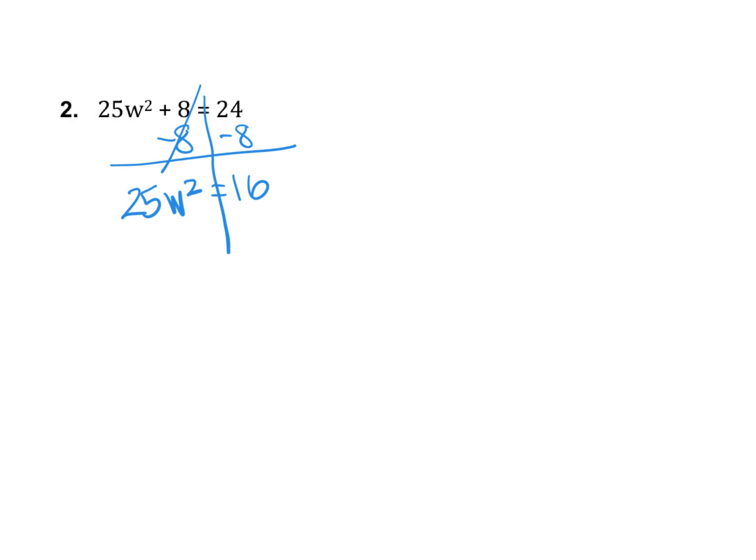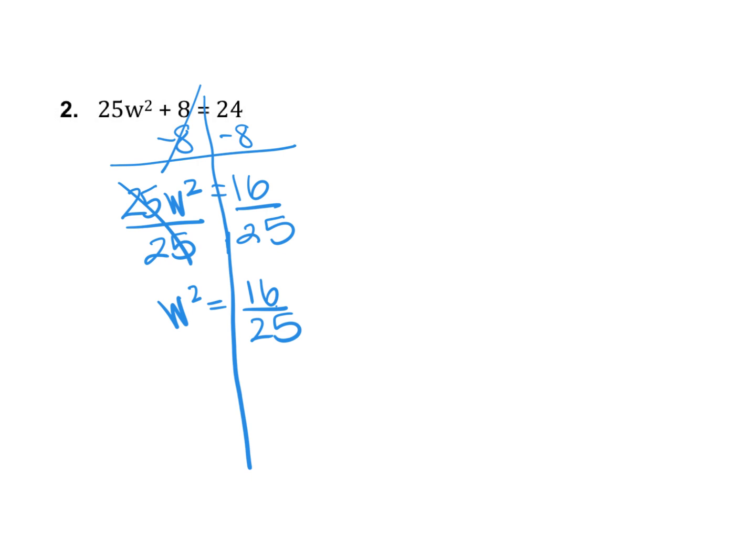Now that 25 is multiplying, so we're going to divide by 25 on both sides. And I would leave these as a fraction. I think it's going to be a lot easier that way than to make them into a decimal. So now you've got w squared is equal to 16 over 25.